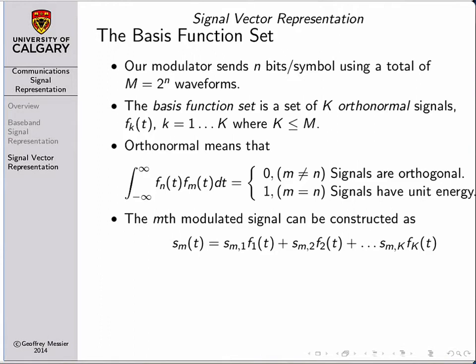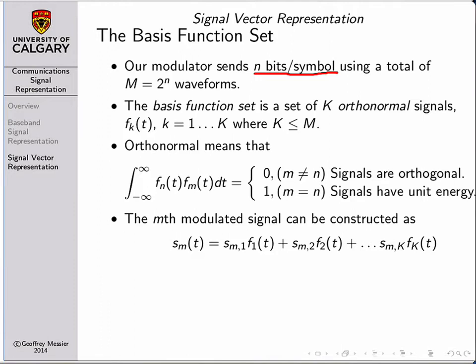First of all, we'll assume that our modulator is sending n bits per symbol. Now, just as a little bit of terminology, in digital communications we talk about bits and we talk about symbols. And a symbol basically refers to the analog waveform that we're using to represent a group of bits.